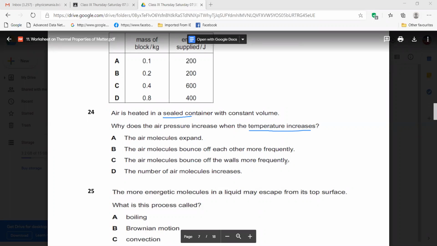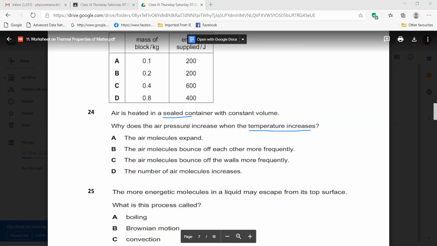This other one, the air molecules bounce off each other more frequently, is not wrong, but as they are talking about pressure, and pressure happens on the container, it's the more appropriate answer that the air molecules bounce off the walls more frequently. Clear?